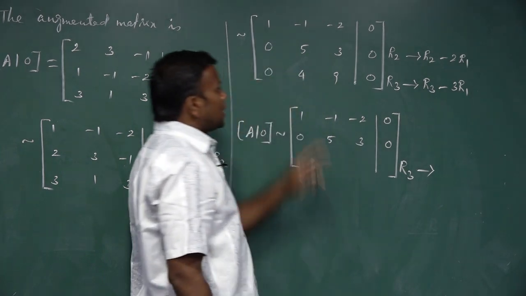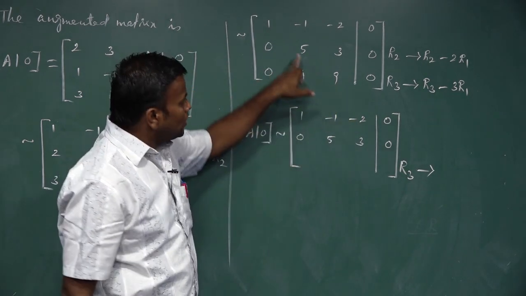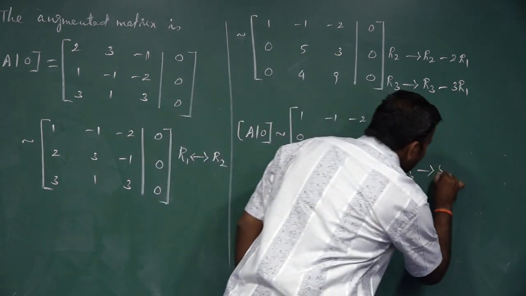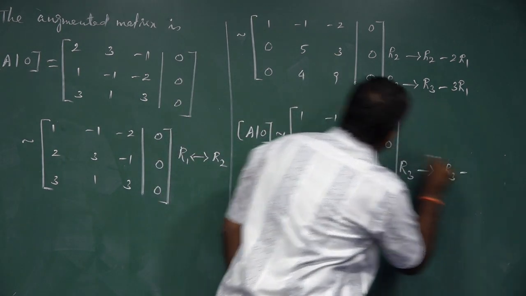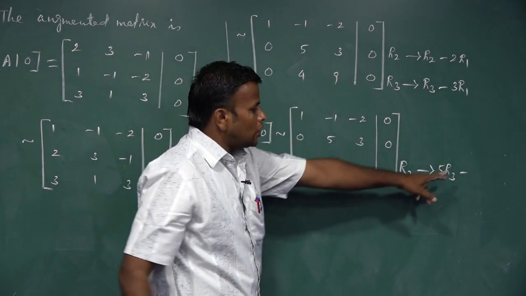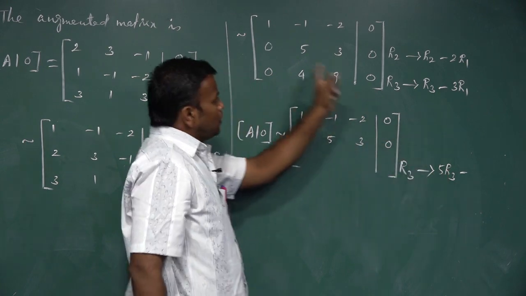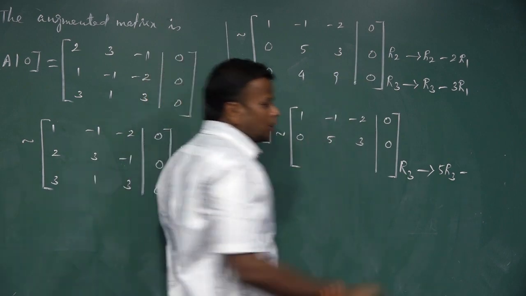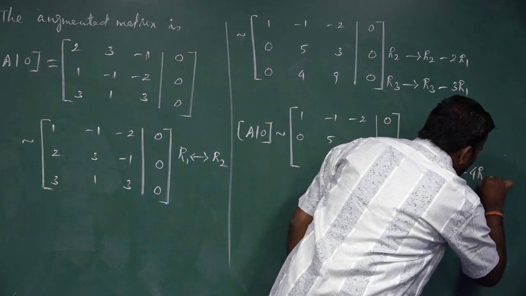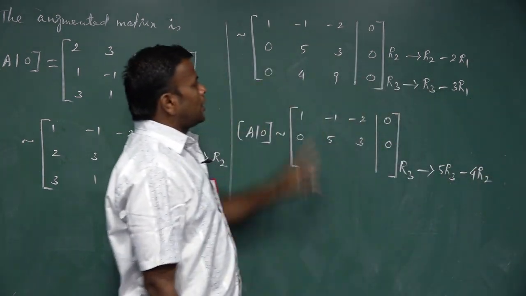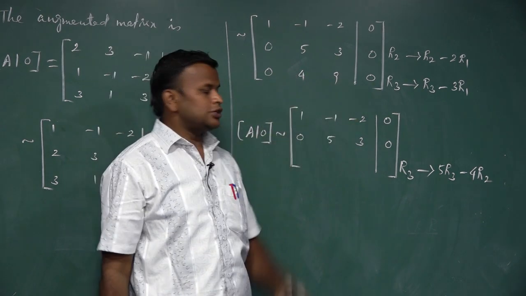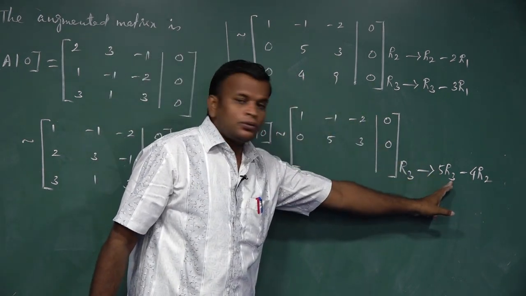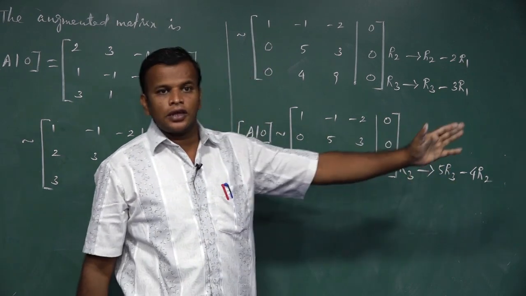We write R3, that is the third row, as 5 times R3. Both have the same sign, so I put minus, and the interchanged number 4 times R2, minus 4R2. So we write 5 times the third row, minus 4 times the second row.